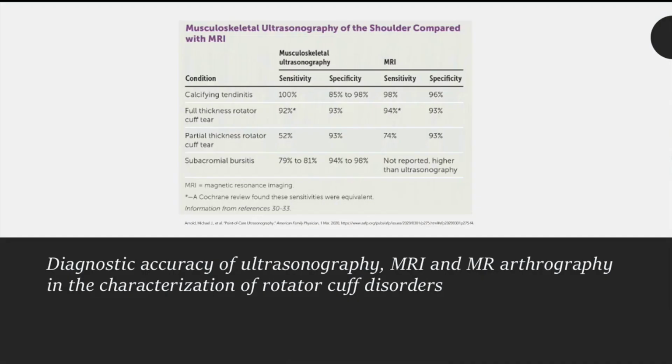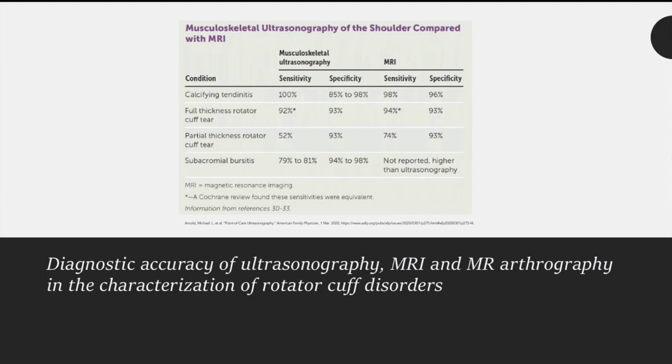side. So this was a 2009 meta-analysis that compared MRI, MRA, and ultrasound in identifying different rotator cuff disorders. Just some of the conditions they looked at: tendinitis, rotator cuff tears, and bursitis.